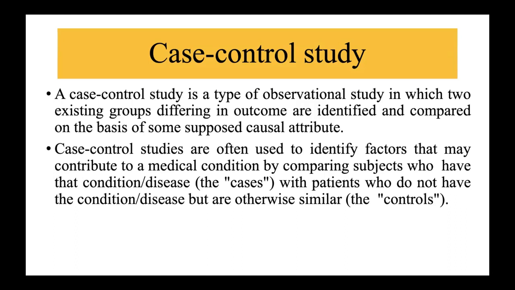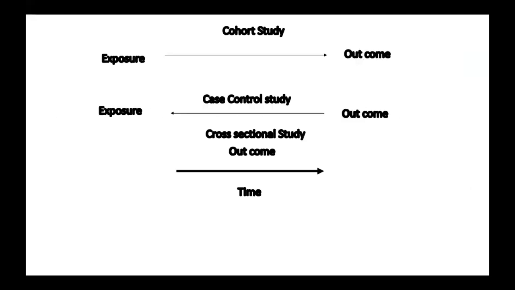Case control studies are often used to identify the factors that may contribute to medical conditions by comparing subjects who have the condition or disease, called the cases, with patients who do not have the condition or disease but are otherwise similar, living in the same area.